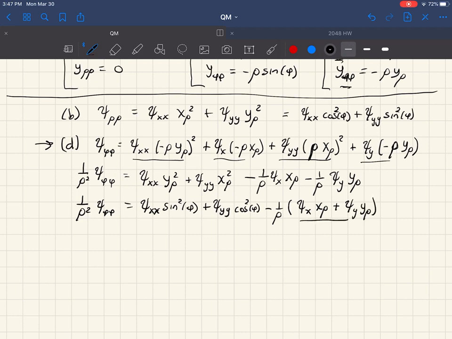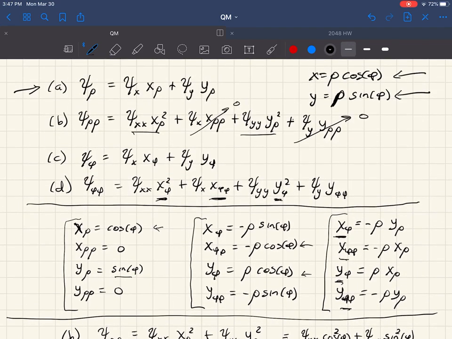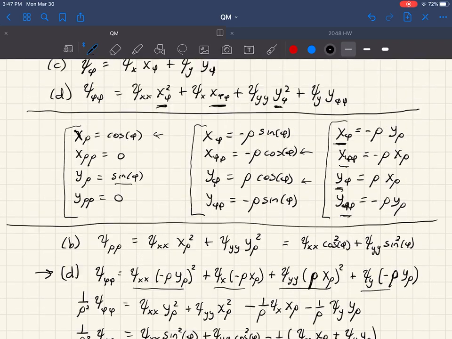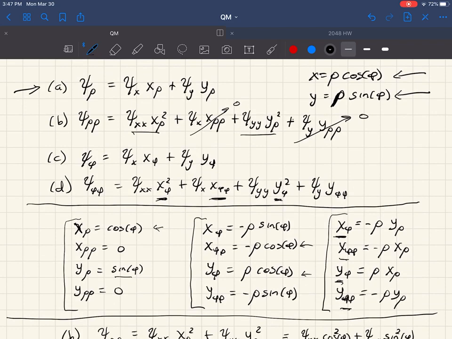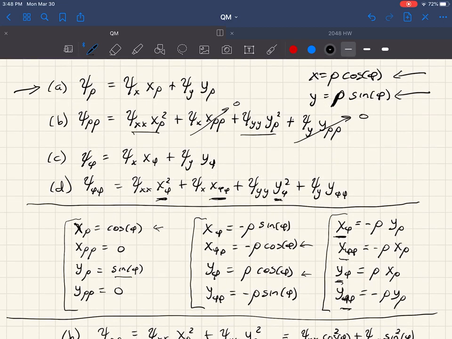So this is actually equal to A. So maybe I just write it that way. So let's just say A psi of rho. Okay?